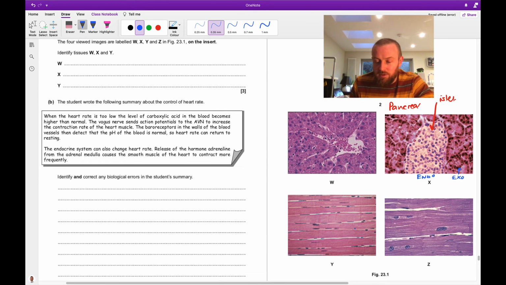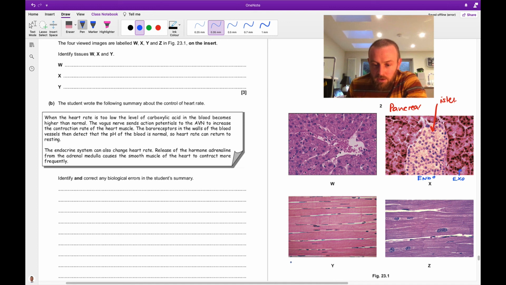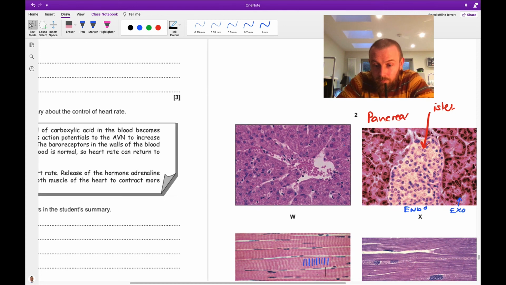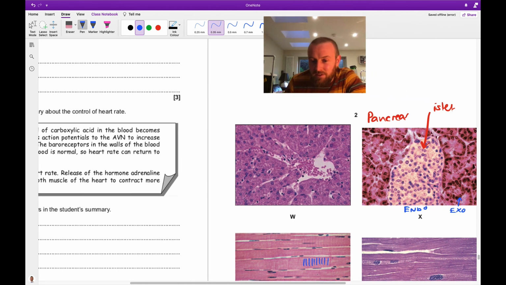Right, what are the rest? Well, here we've got two types of muscle. Y, to me, looks to be skeletal muscle. We can see these parallel muscle fibers, the nuclei pushed to the outside, and we can see the stripiness of it, very striated. And the other one asks us for W. Let's just pinch in a little bit so I can see that more clearly. Okay, well, this is definitely a blood vessel.